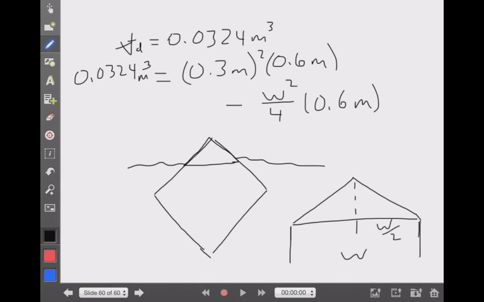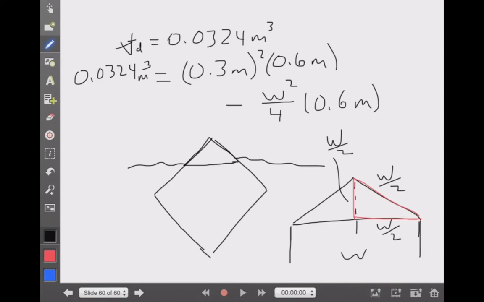That's the base of our triangle is W. 1/2 the base is W over 2. But because it's floating like this, that triangle is actually an equilateral triangle where this is also W over 2, and this is also W over 2.